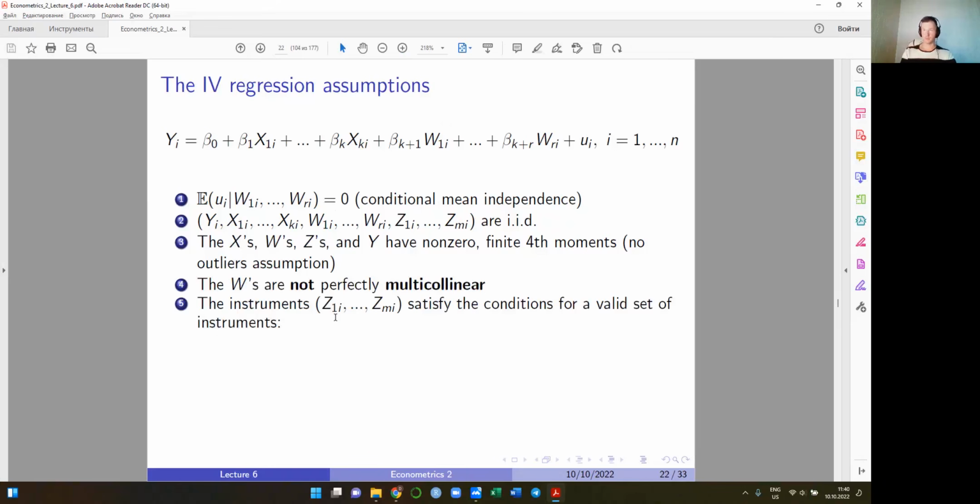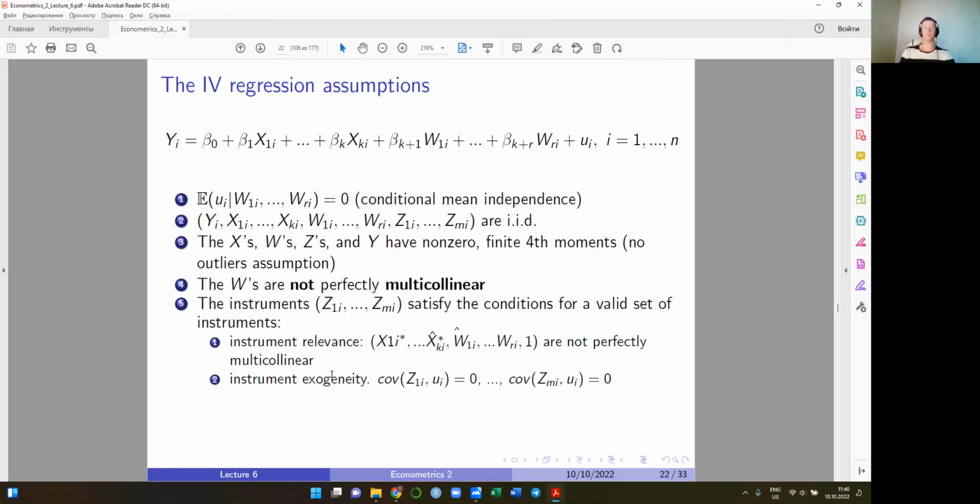And the instruments, this is an additional assumption for instrumental variables, because the first 4 assumptions are the multiple regression assumptions. The instruments are valid, which means that there is an instrument relevance condition: X1 star, X2 star, and W's are not perfectly multicollinear. Well, there is some issue with these signs, I don't know what has happened.